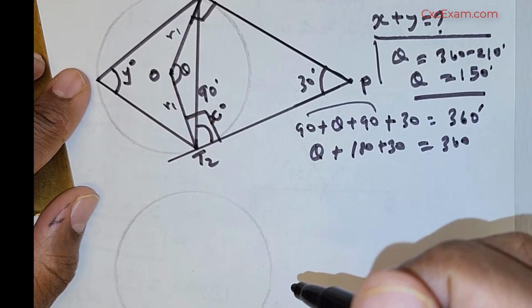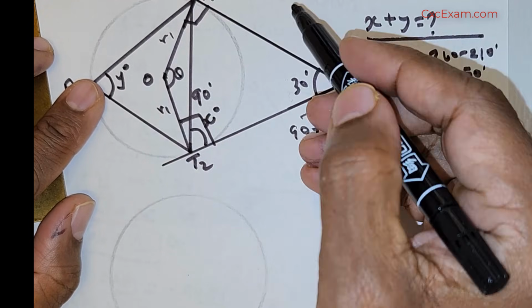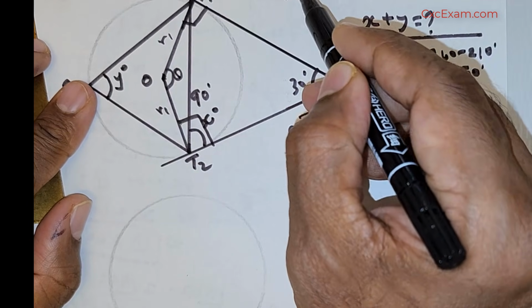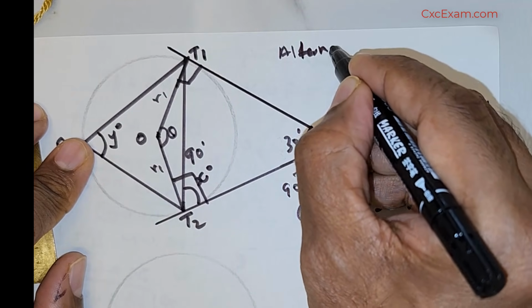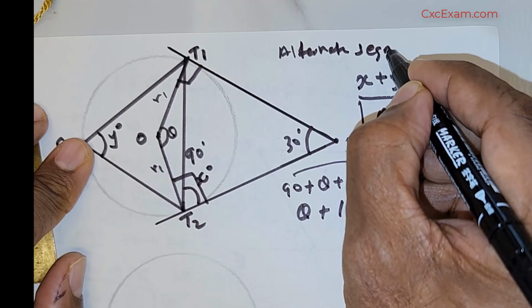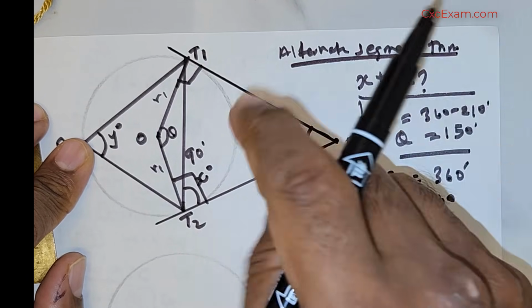Now you might be asking me why that theta value is important. Now by the alternate segment theorem, what do we know by this theorem?